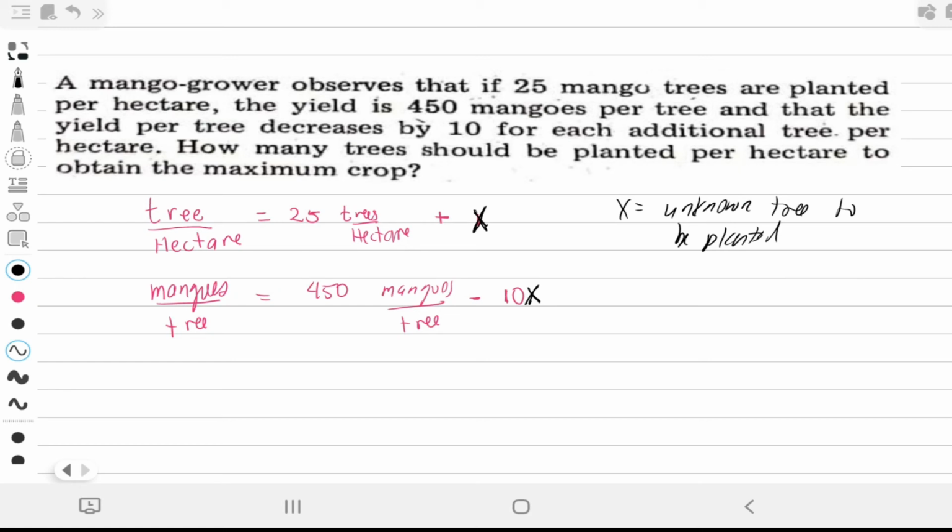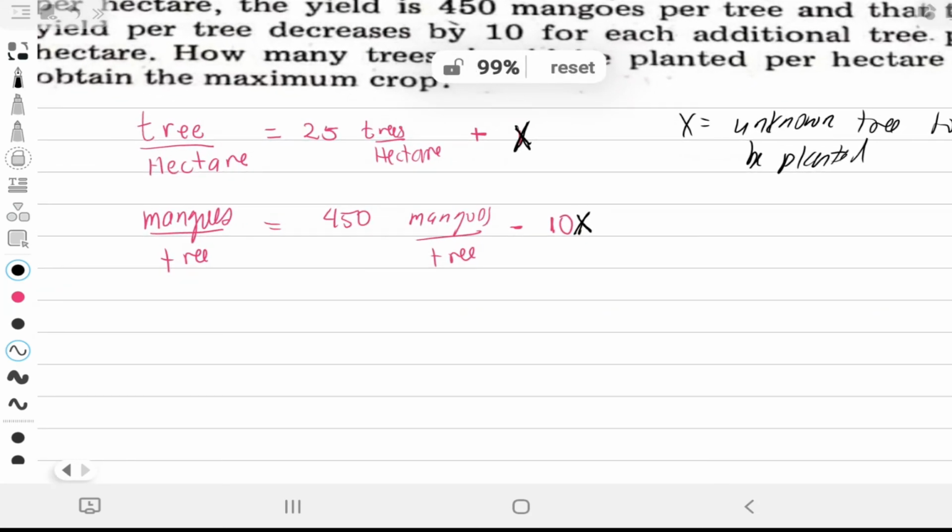From that, to get the value of the mangoes, how many trees should be planted per hectare to obtain the maximum crop? When we get the maximum crop, it is the mangoes per hectare that we need. So what we'll do is multiply the mangoes per tree by the trees per hectare.